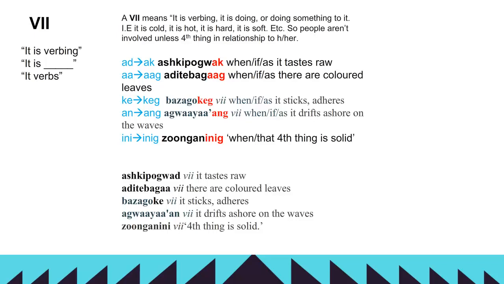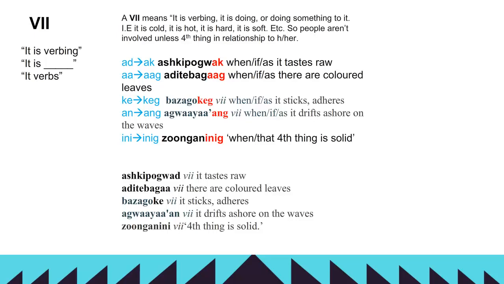The suffixes in the VII will change according to what letters are at the end of the word. So ud will change to uk, will change to ag, k will change to keg, will change to ung, inne will change to inig.